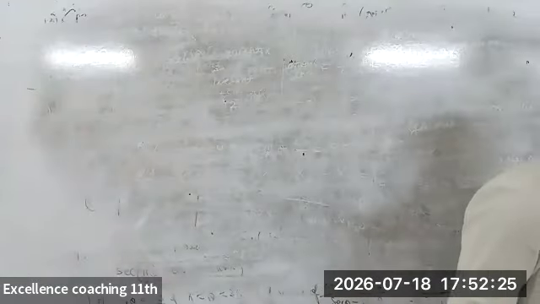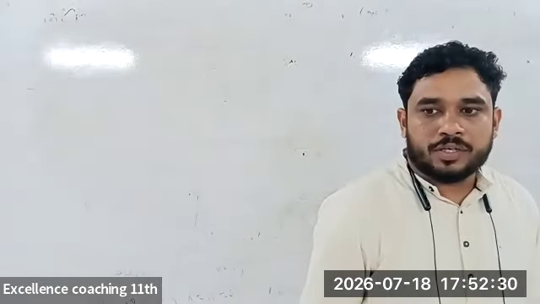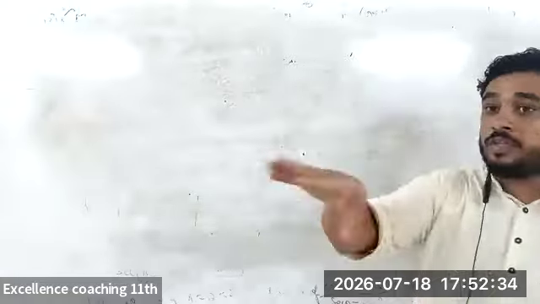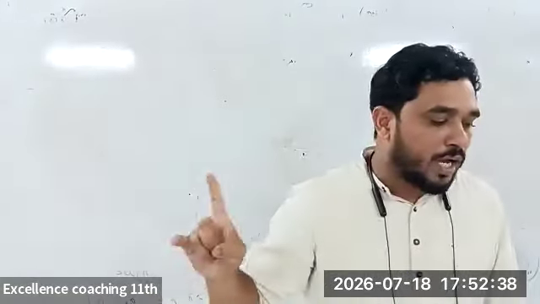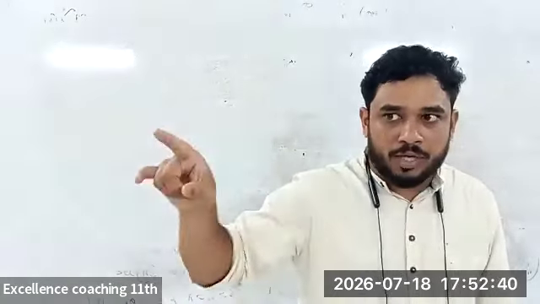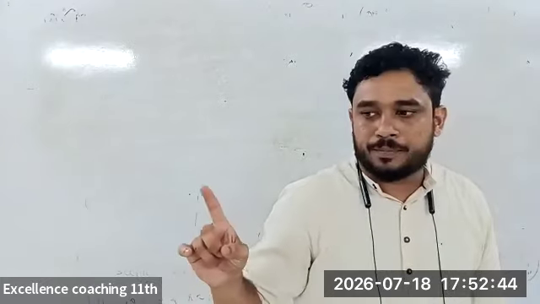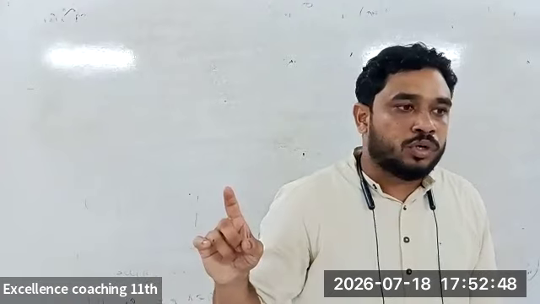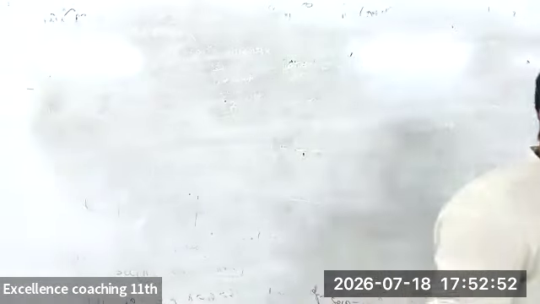Molecular weight is equal to 90. You will use the columns given by your school. Follow that method and solve this. The molecular formula I will give you: it should be C2H2O4.